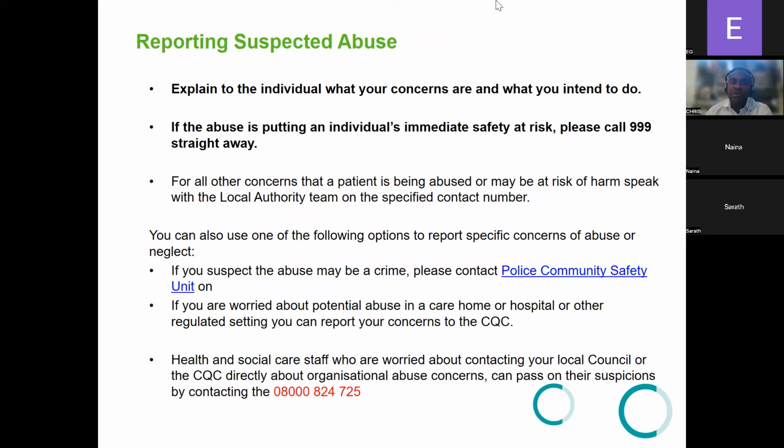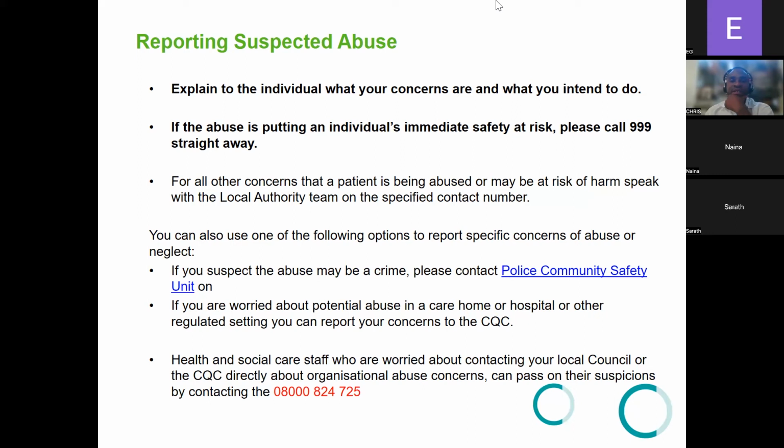Every workplace in health and social care settings has its own policies and procedures, including complaint policies and different procedures, particularly when it comes to safeguarding and protection.